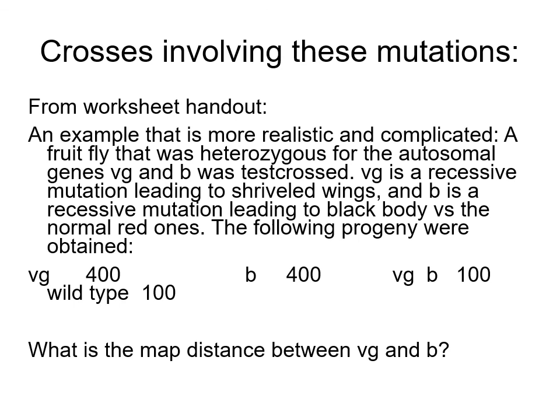So we could calculate the map distance fairly easily from this because we can see that the less prevalent phenotypes are the wild type and the double mutant. So those must be the recombinants, and the other two must be the parentals. So we just say 100 plus 100 over the total of 1,000 gives us 200 divided by 1,000, which is 0.2, which is 20 map units.